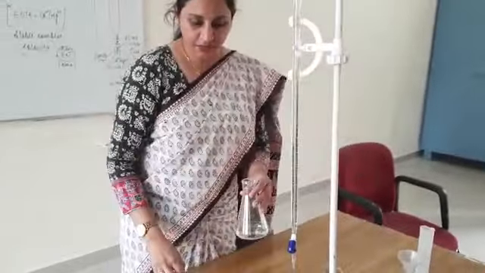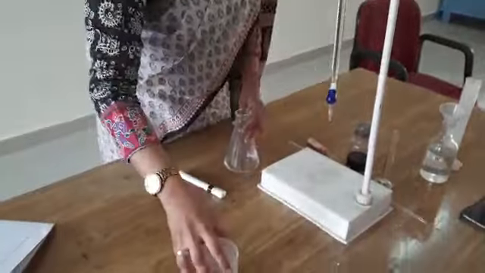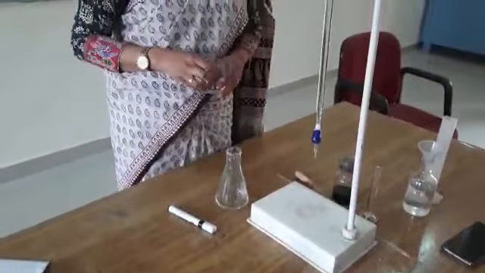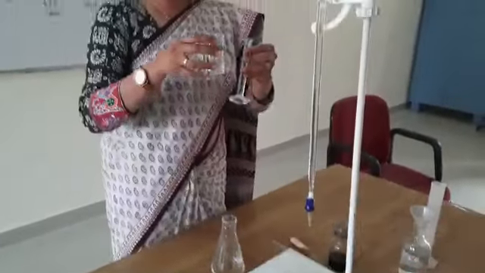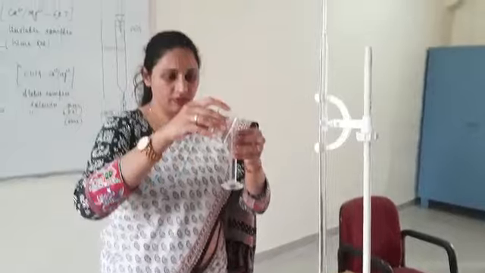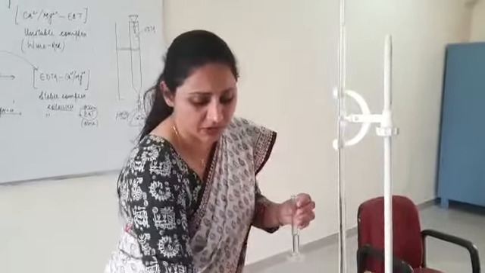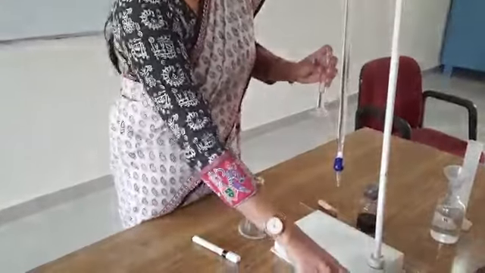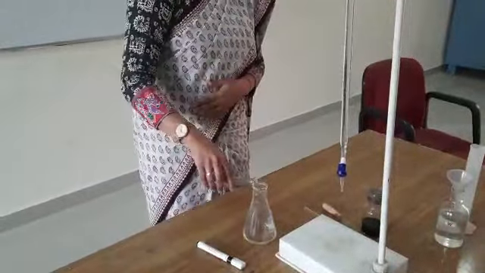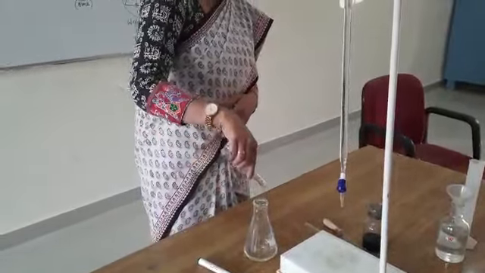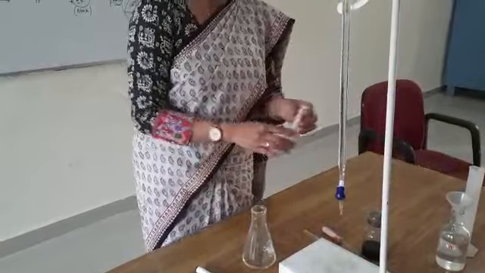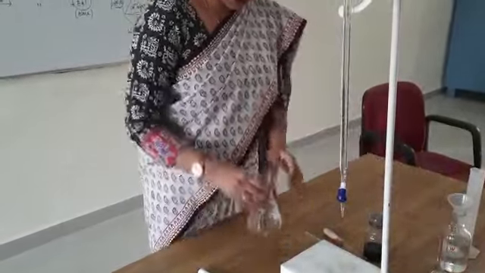To this water sample we add buffer solution, so I will add 5 ml of the buffer solution. What is the function of this buffer solution? It maintains the pH of 10. Now the pH 10 is maintained.